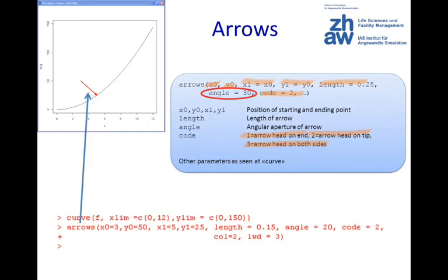There can also be some different parameters, that's why I have the dots here, like you could say what kind of color, line width, can even specify line type, and so on. These are the very same parameters as we have already seen at the discussion of the curve command.